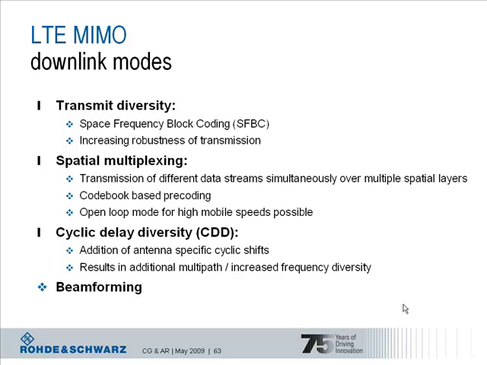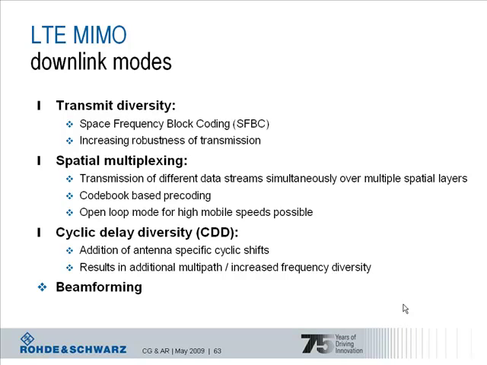Achieving the high data rates in LTE is possible by using the spatial multiplexing MIMO mode. Again, this allows transmission of different data streams simultaneously over multiple spatial layers. To further improve the performance of this MIMO mode, a so-called codebook-based precoding approach is applied. That means the signal is pre-coded before transmission in an appropriate way.